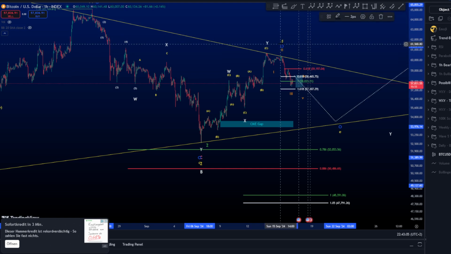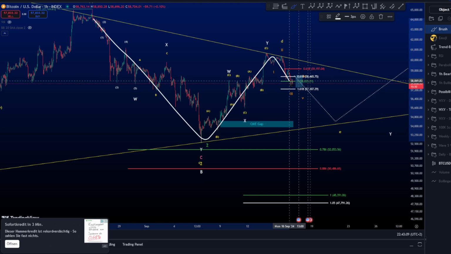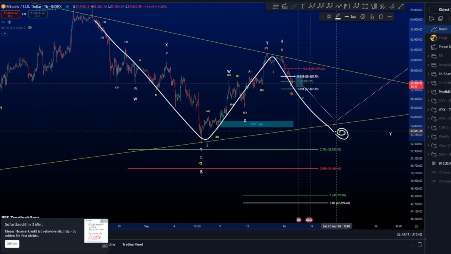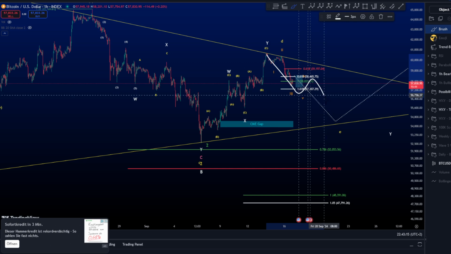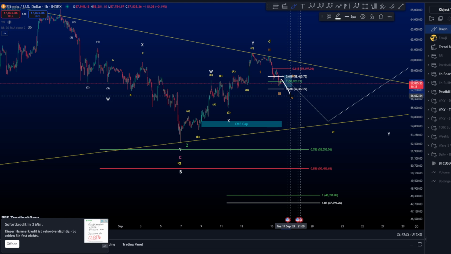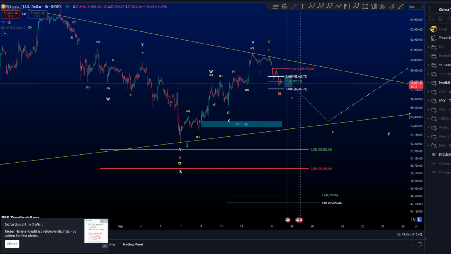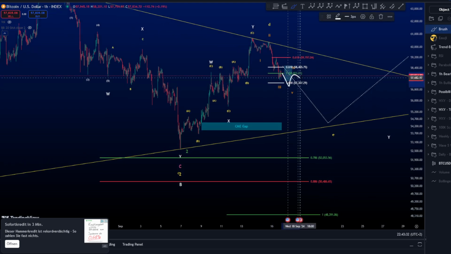We are looking here at a wave D for the triangle that is coming from there, and we are looking for our wave E here, right? Your wave E should be a zigzag. This whole wave should be a zigzag. Therefore, we are still looking for one more wave 5, right, to finish this impulse, preferably at 57,300.